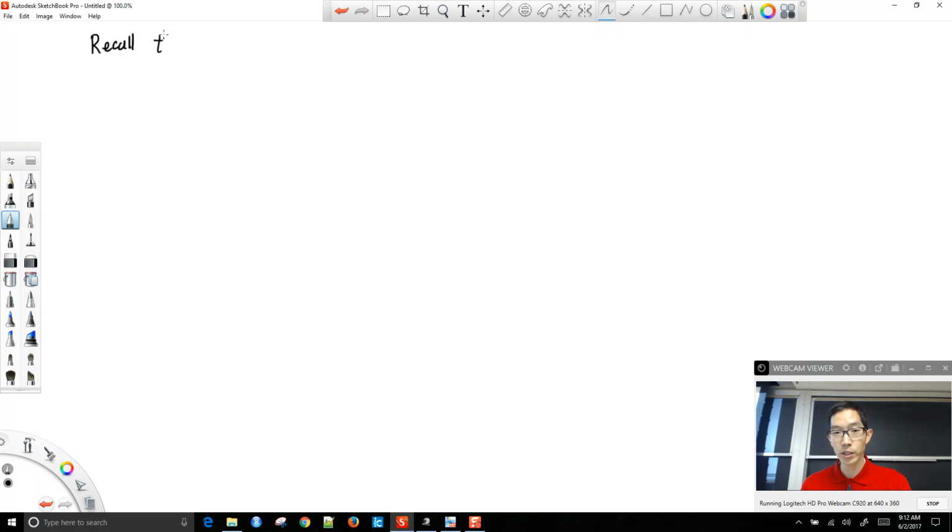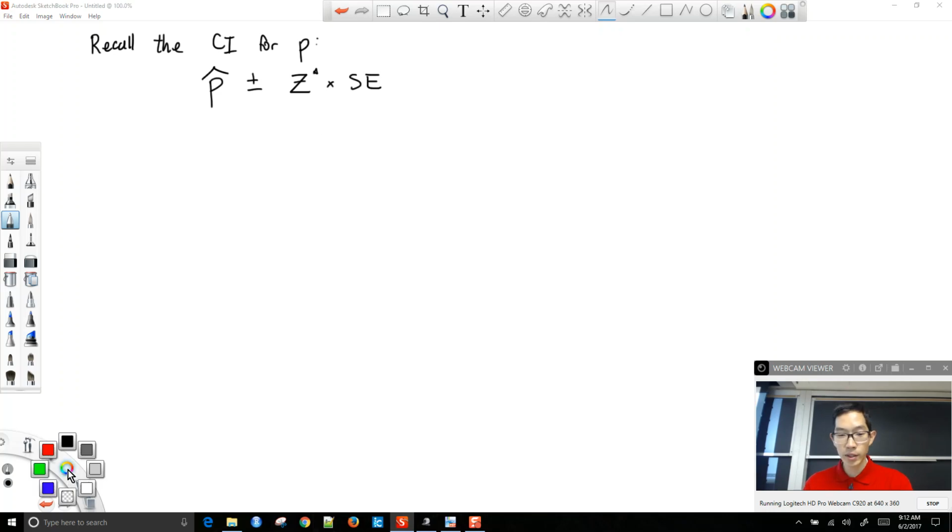Recall the confidence interval for P. When we created the confidence interval for P, what goes in the middle? P hat, right? P hat plus or minus what? Z star times the standard error. I want to label each of these things.